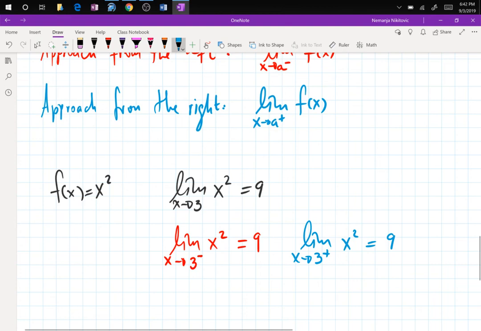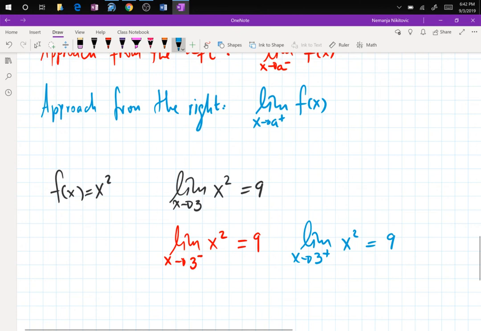And then we said, if it walks like a duck and quacks like a duck, it's a duck, right? So from both approaches, values are 9. So 9 equals 9, and the overall limit is 9. You see, overall limit approaches from both sides simultaneously, right?